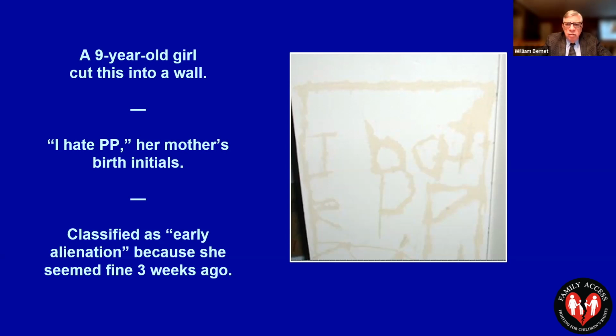I don't really know the details of what's going on in her mind, but this is at the very beginning of being alienated. And so I'm classifying this as early just because it's only 2 or 3 weeks old. I guess I would generally call this mild, although I'm not really sure exactly.